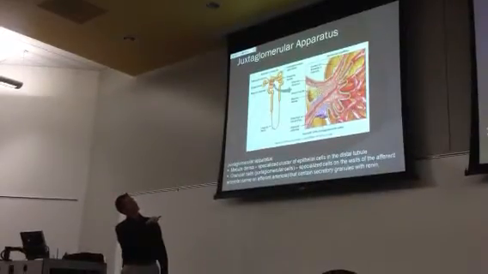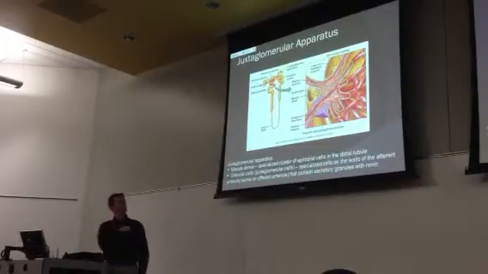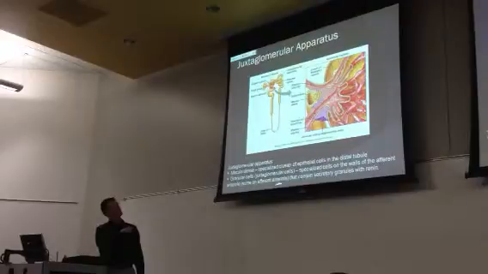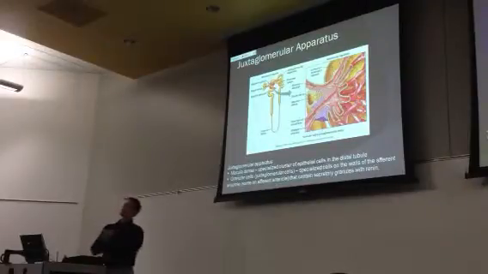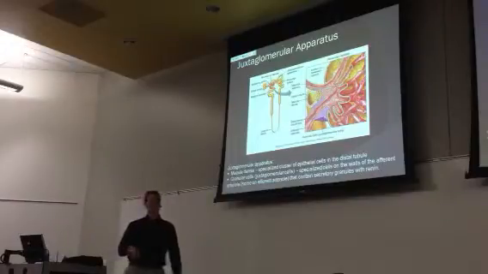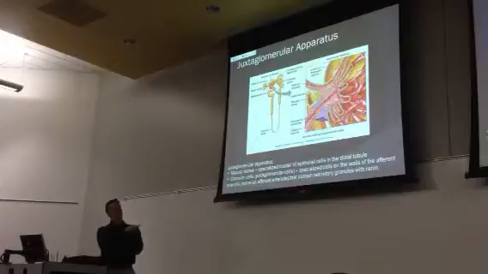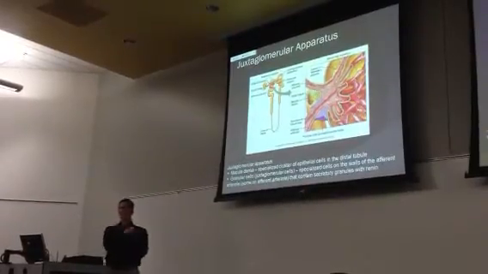You also have granular cells, juxtaglomerular cells. Basically, they secrete renin. We're not going to have time to get to renin today, but we will get to it probably next week. And that granular dot inside those cells is the renin. Very important for cardiac function.